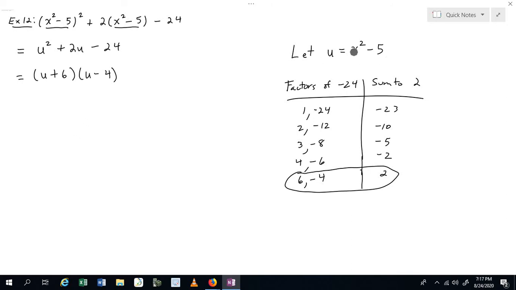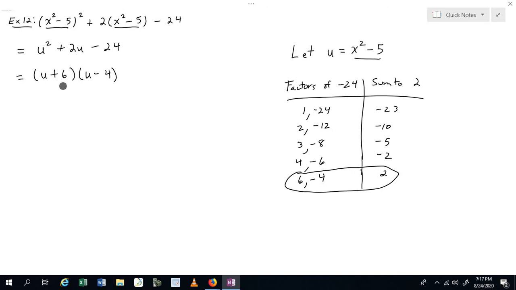And then we're going to go back and substitute back in for u. You don't want to leave your answer like this because the original problem didn't have a u in it. We just arbitrarily gave a name to x squared minus 5 and called it u. We pulled this letter out of thin air just to make it easier to factor this trinomial.